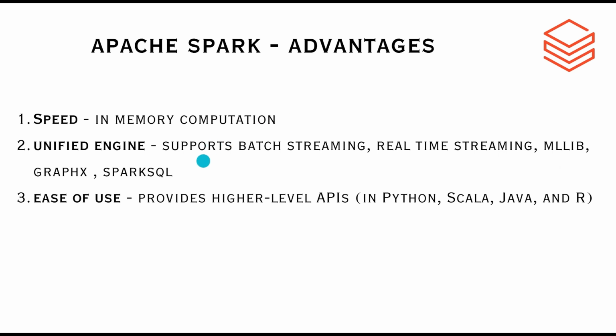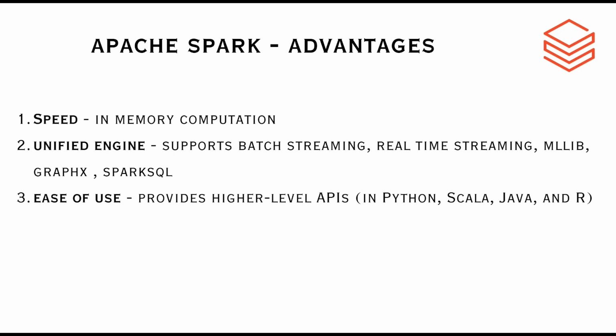The next one is the unified engine. Spark was designed to be a one-stop solution for diverse workloads. While MapReduce was primarily limited to batch processing, Spark was engineered to handle both batch and real-time streaming workloads simultaneously, and for the real-time part it uses Spark Streaming.